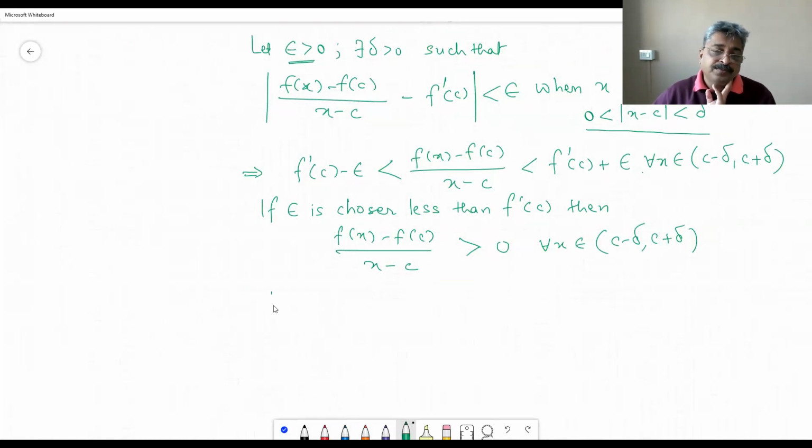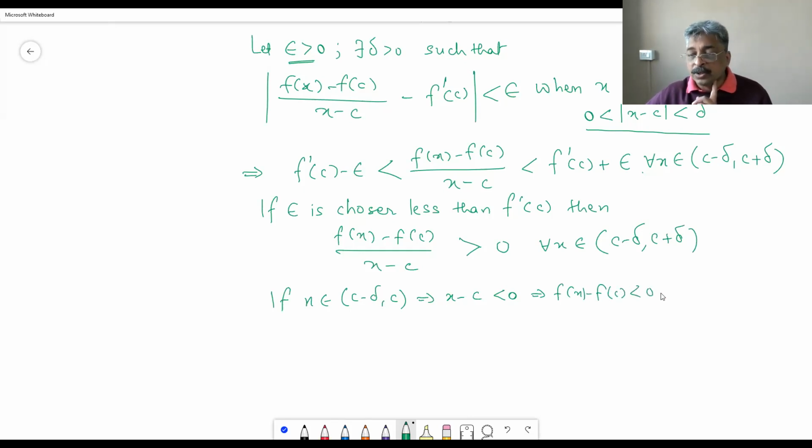So if x belongs to c minus delta to c, so x is to the left of c, that means x minus c is less than 0, implies f of x minus f of c is less than 0, implies f of x is less than f of c.